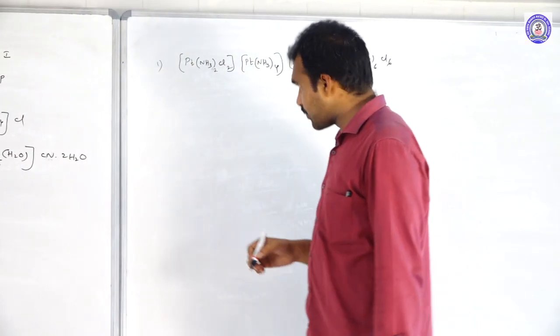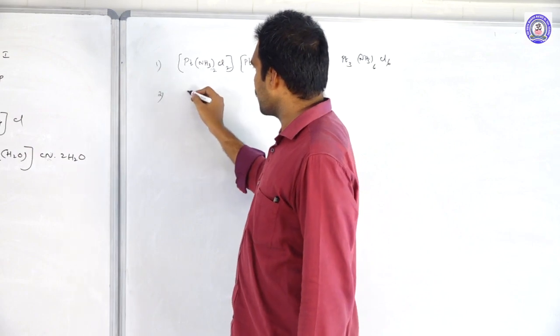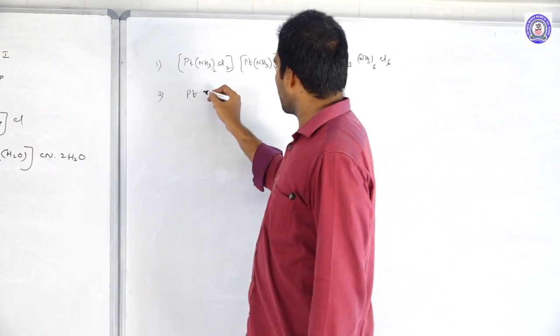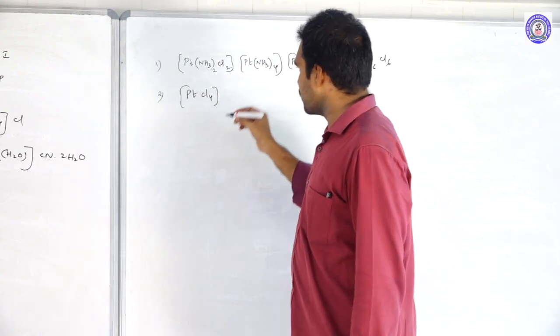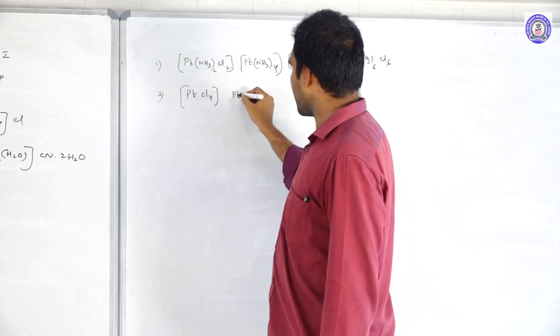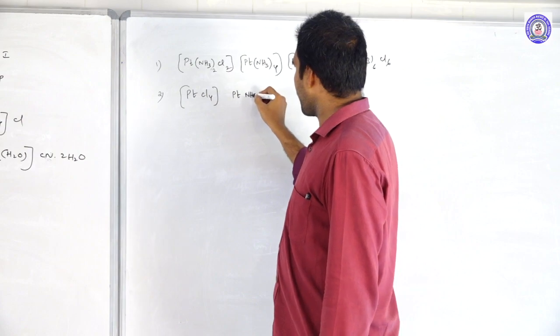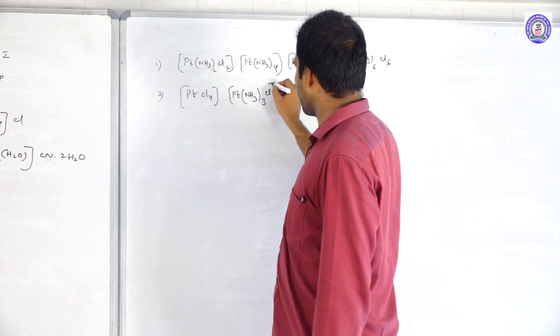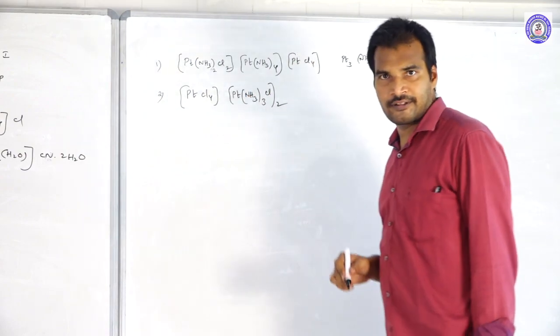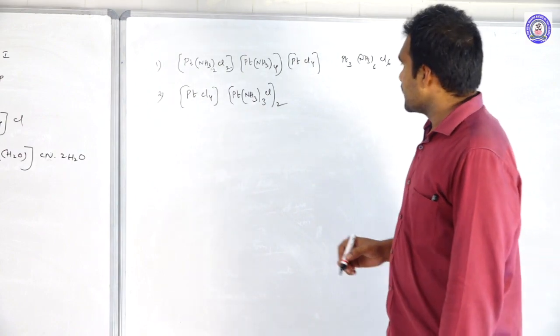Now the same complex I am writing as platinum, keeping chlorine the same. Now I am mixing these two. That means you will get platinum NH3 thrice Cl twice. See that?